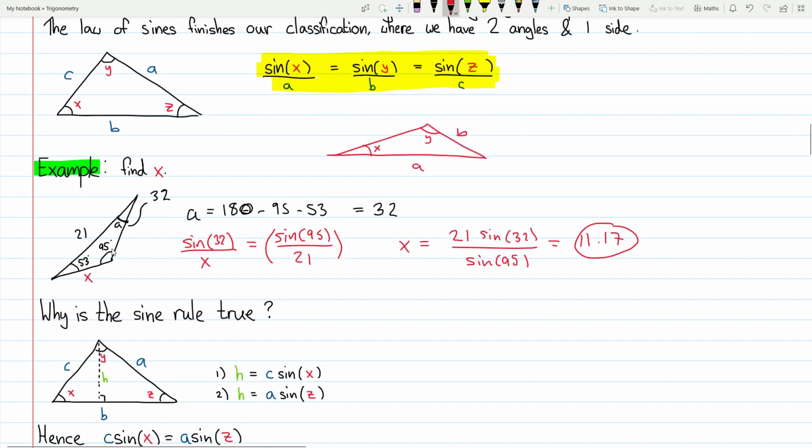So if you look at our example, 95 was by far our largest angle, and so this corresponds to the largest side, which is 21. So when we have a very small angle, 32, then the length it corresponds to is relatively small as well. It's about 10 less than 21. So we can look at our answers and justify, okay, yeah, this makes sense. I'm happy with our answer.